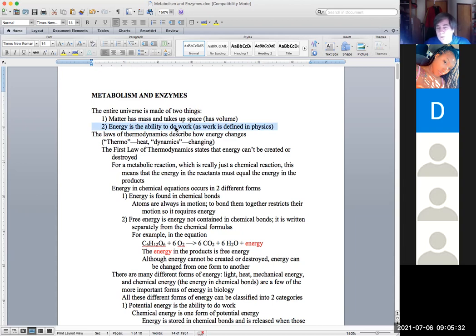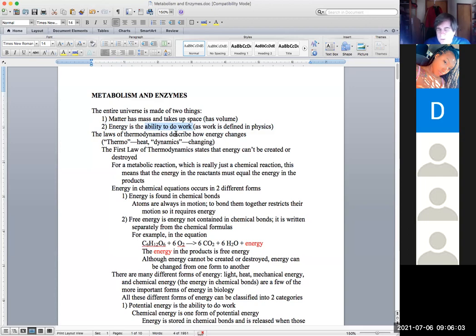But if you work at a job moving boxes from one shelf to another, that is work the way it's defined in physics. But work in physics is also brain cells communicating with each other, thinking, in other words. So there are a lot of different types of work. When we think of the ability to do work, we don't want to think of that only in terms of going to a job.